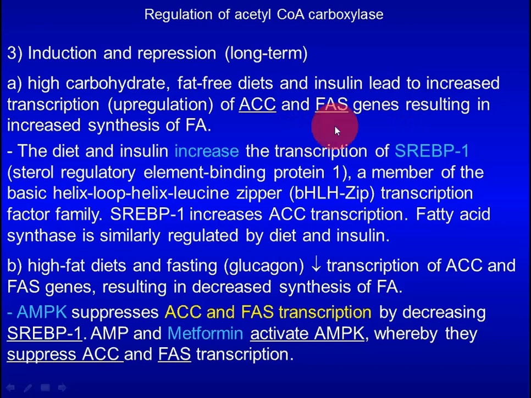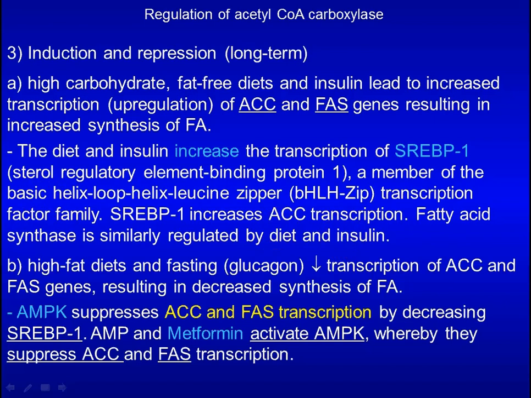It stands for sterol regulatory element binding protein 1, a member of the transcription factor family. SREBP1 increases transcription of ACC and fatty acid synthase genes.